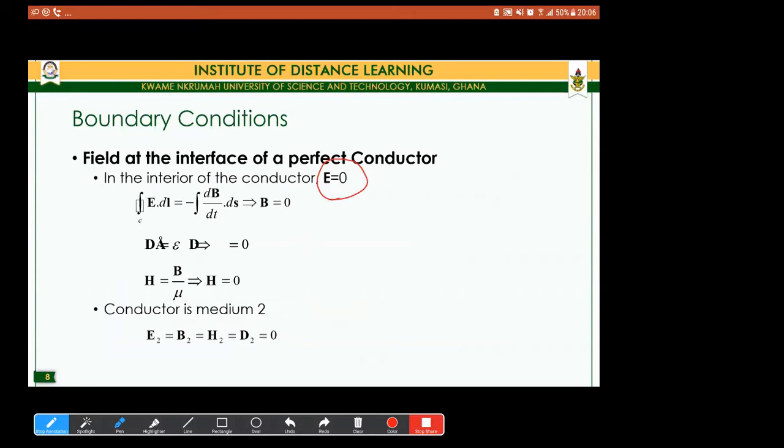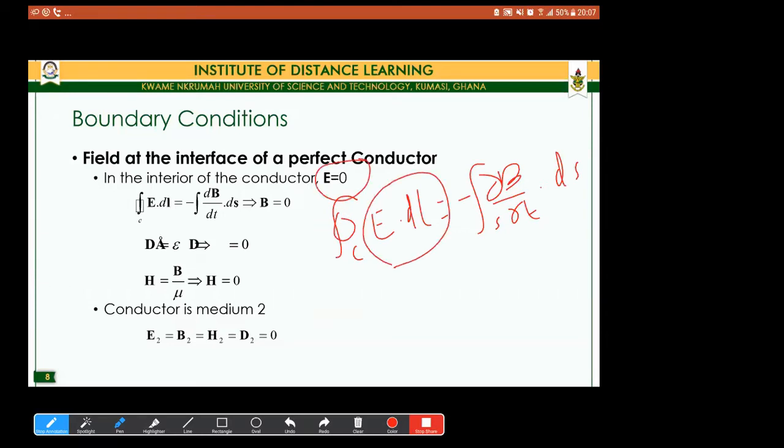From this equation, the integral over C of E dl equals minus the integral over S of del B del t dS. Since E is 0 in the interior, this is 0, then B also becomes 0.